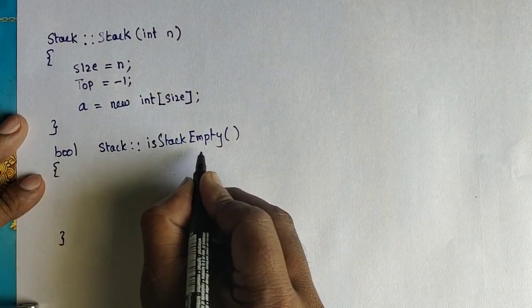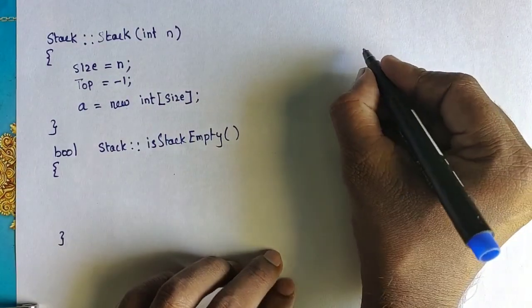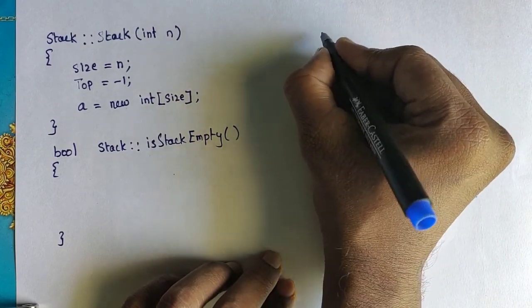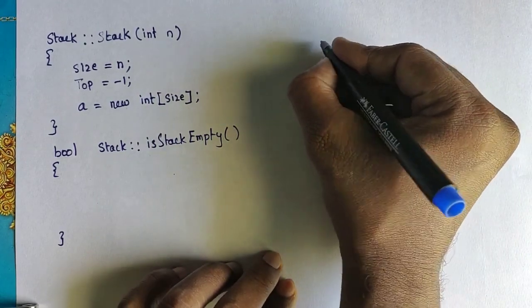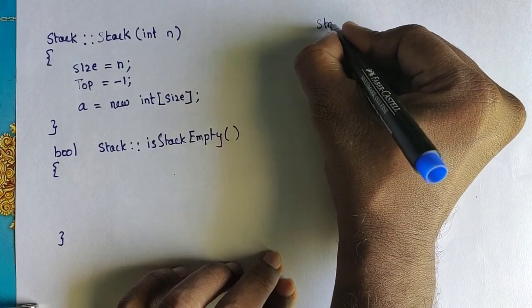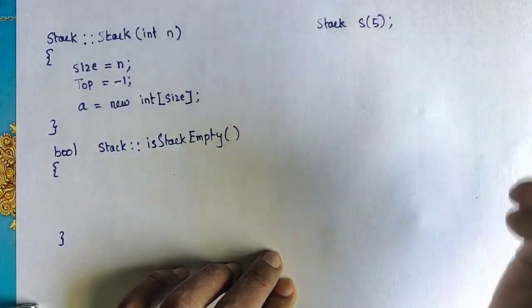Is stack empty. When we are creating an empty array, it will look like this: that is a stack, s of 5 if you are creating like this.